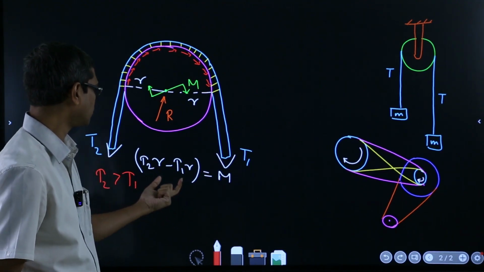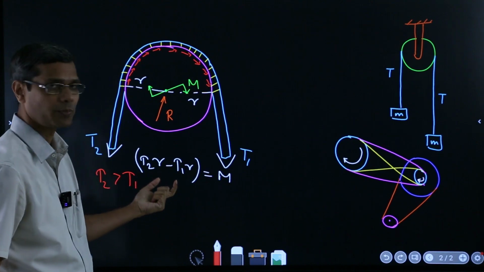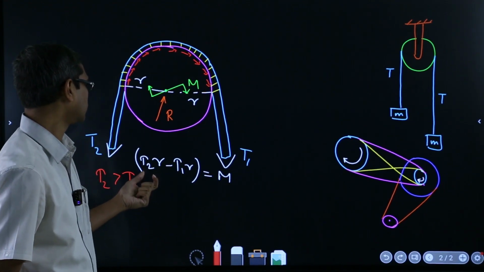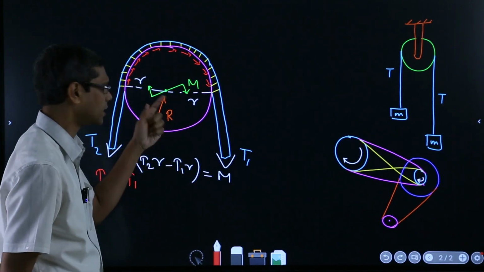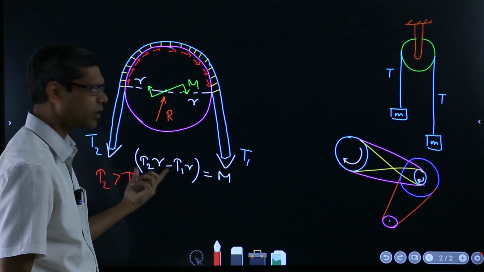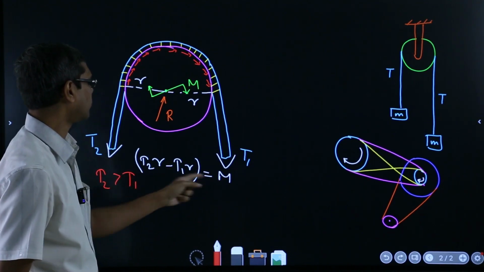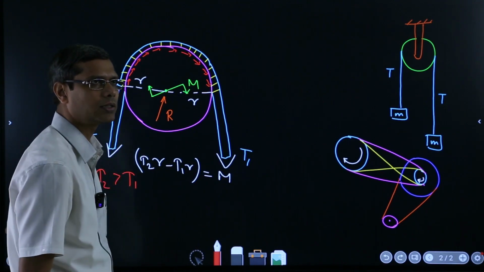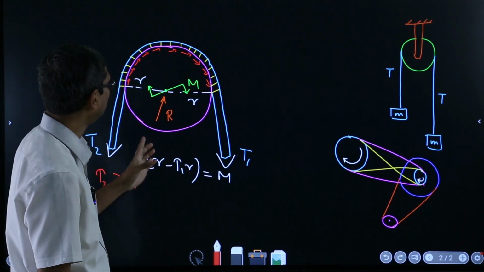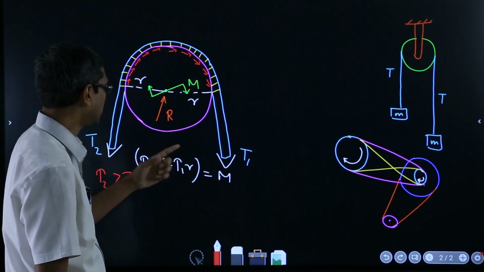Or else if a moment is applied in this direction, obviously this has to be positive, so you have to think in which direction you are taking as clockwise or anti-clockwise. So T2 has to be more than T1 for this balance. Whatever is comfortable to you, think in those terms, and that will give you the idea about which tension will be more.